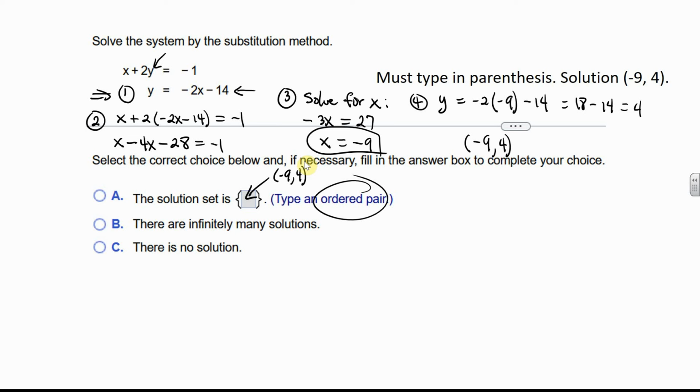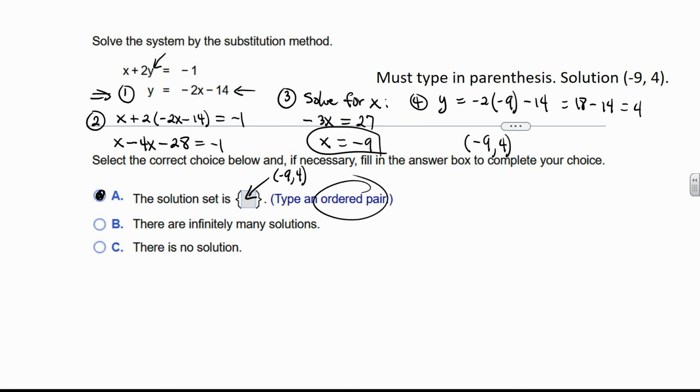What I do is, before I come here, I go into my math lab and do all the problems myself, just to make sure that I understand the technical situation with my math lab, so I can tell you. And that is, when I work this, I just put in for the answer for A, -9 comma 4, and it kept saying it was wrong. I was like, no, it's not wrong, it's right.